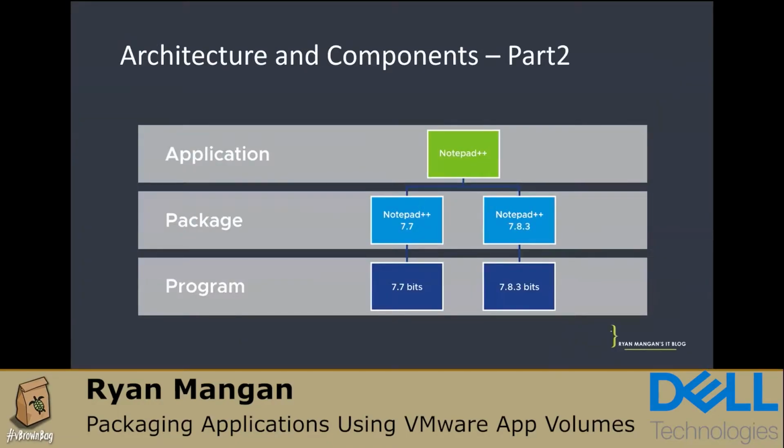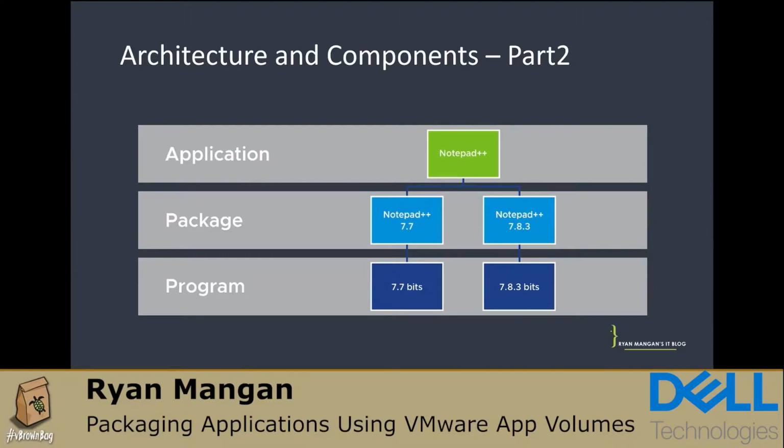To look at that in a more in-depth way, I've broken out the three different layers: the application, package, and program. The application is Notepad++ in this example. The package is version 7.7 and then 7.8.3, and the two different programs are 7.7 and 7.8.3.